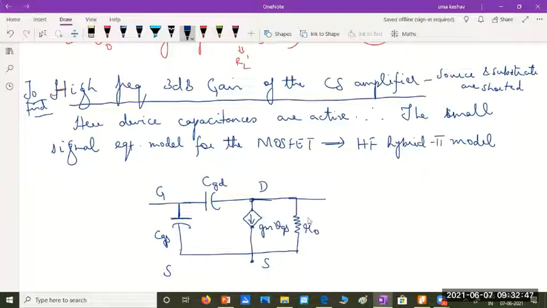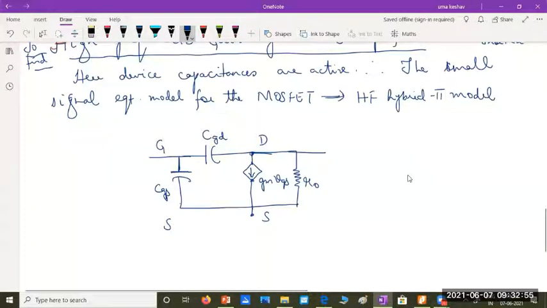So the second current source and the two capacitors have been neglected. Among the device capacitances, we have gate to source, gate to drain, then drain to body and source to body capacitance. Both of the latter have been neglected. Source to body capacitance will be 0 when the source and substrate are shorted. Drain to body capacitance will be very small, hence it is neglected. So please remember, this is your high frequency equivalent model of the MOSFET.